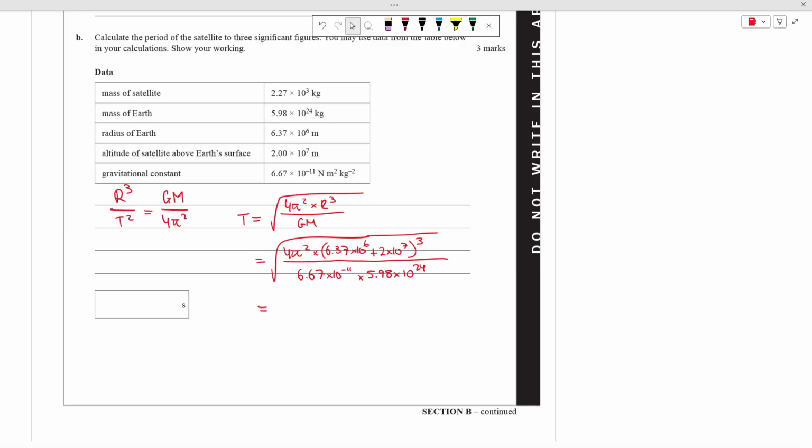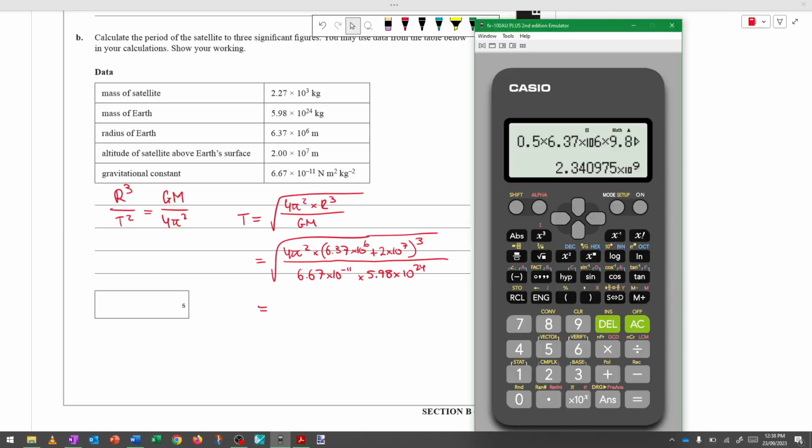Alright, bunch of calculations. So square root of 4 pi squared times 6.37 times 10 to the 6 plus 2 times 10 to the 7.